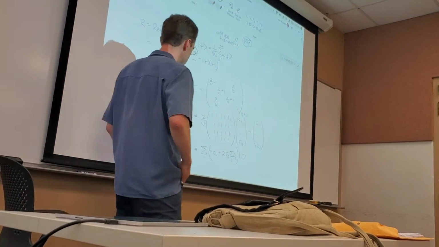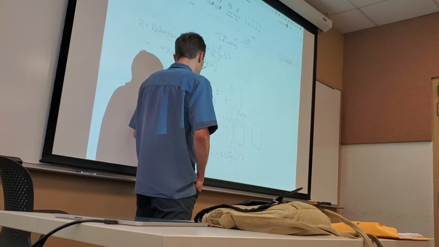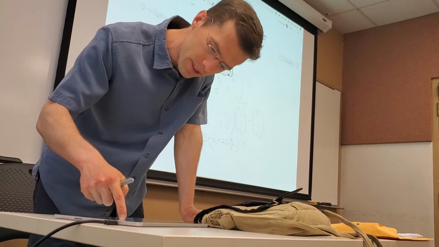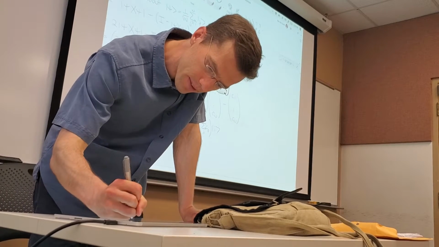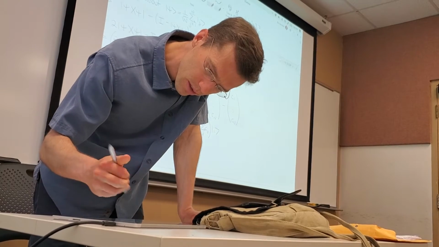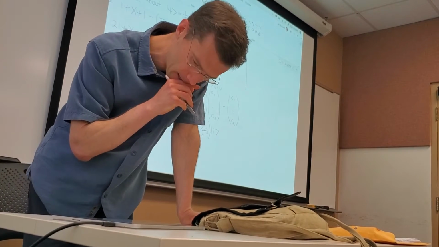Yeah, so what this reflection is doing is, let's just draw a picture maybe. If these are the coefficients initially, let's see, what's a good way of seeing it?